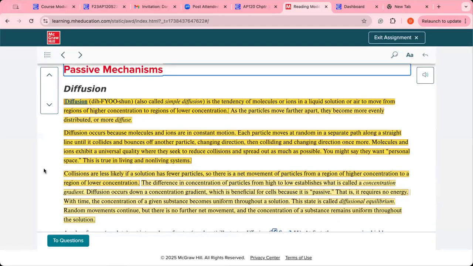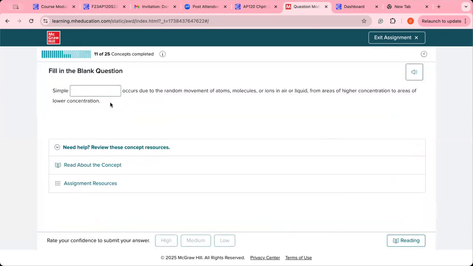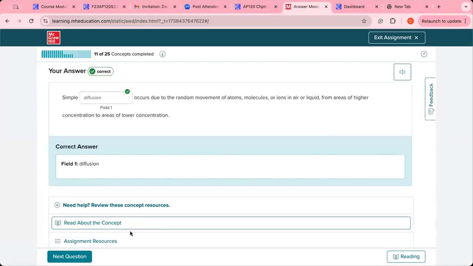Diffusion, also called simple diffusion, is the tendency of molecules or ions in a liquid solution or air to move from regions of higher concentration to regions of lower concentration. Diffusion, the word in blue. Diffusion. Good.